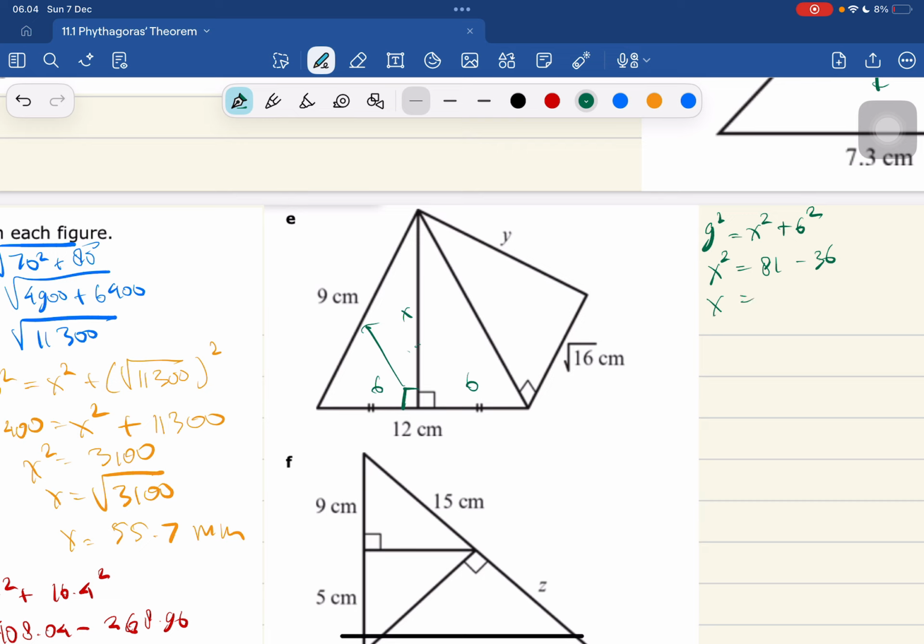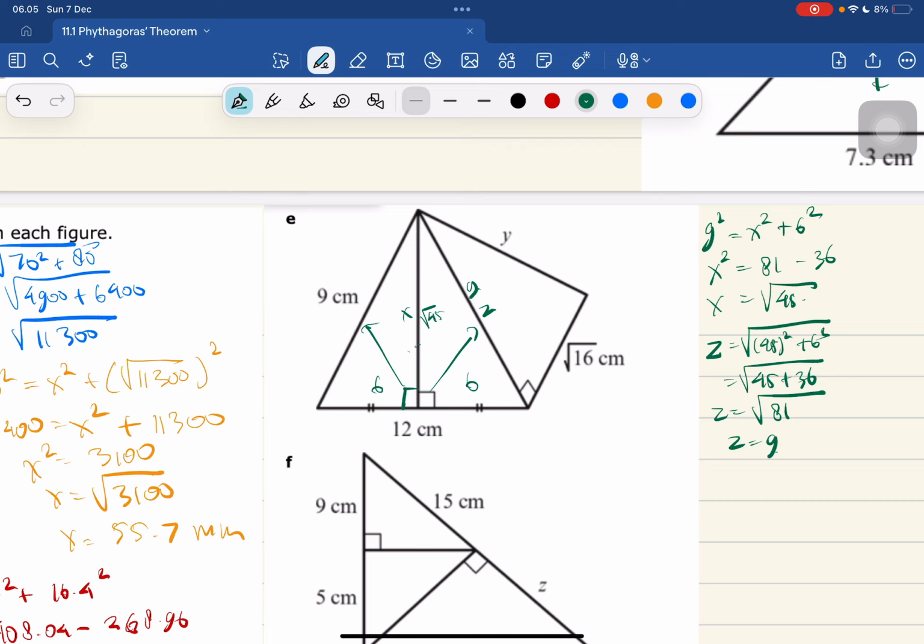So x equals the square root of 81 minus 36, which is 45. So this is the square root of 45. The hypotenuse, let's make it z. So z equals the square root of 45 squared plus 6 squared. So this is 45 plus 36, so z equals the square root of 81. So z equals 9.